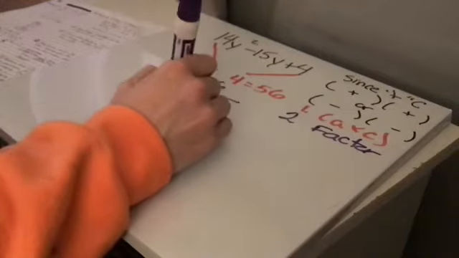Is 3 a factor? 3 is not a factor. 4 is a factor, so 4 times 14. 5 is not a factor. 6 is not a factor. 7 is a factor, so 7 and 8. That should be all the factors of 56.